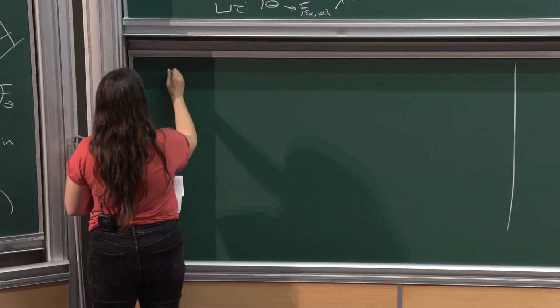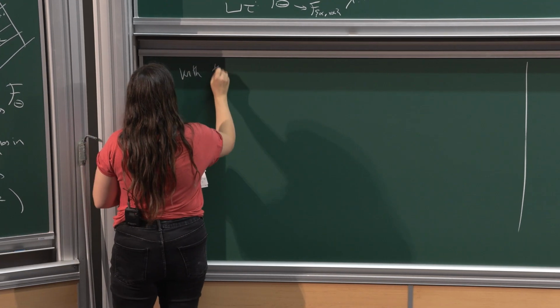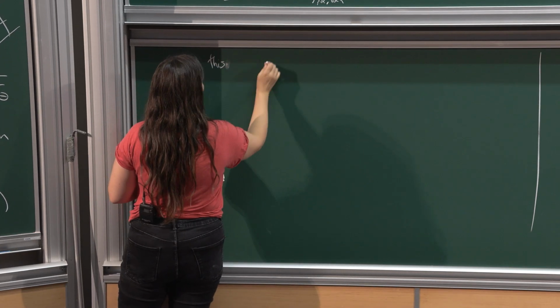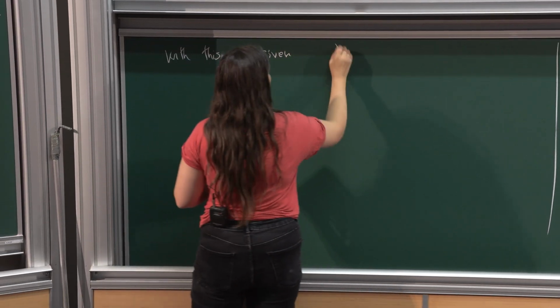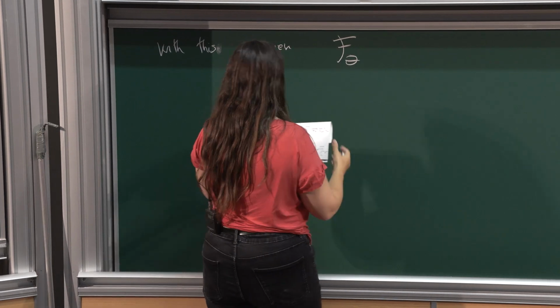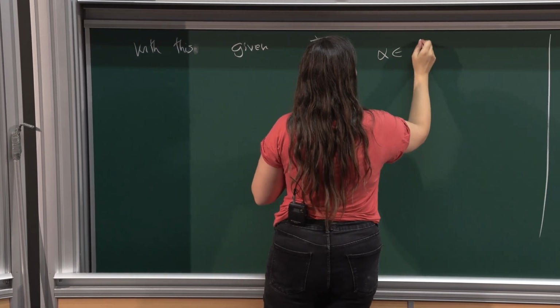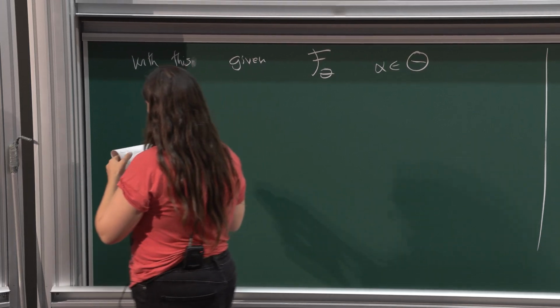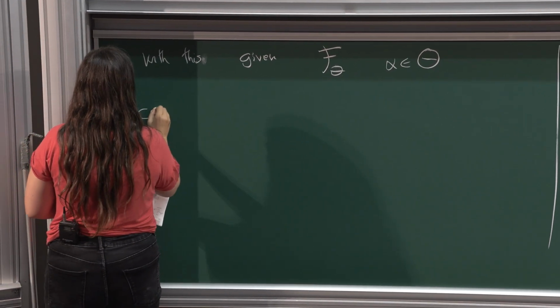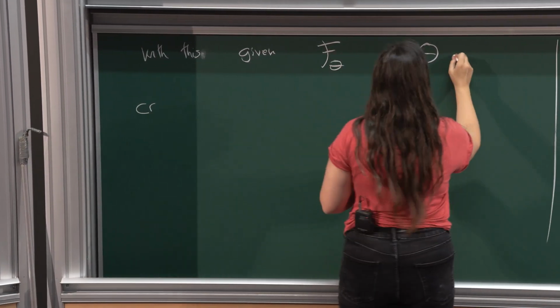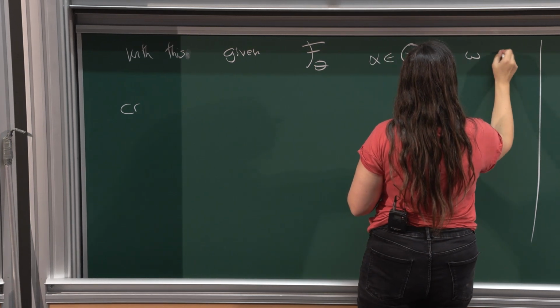And then with this, given a flag manifold F theta and alpha in theta, we construct a cross ratio with omega the associated weight.